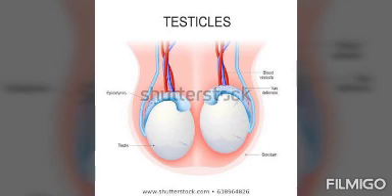Since viable sperms cannot be produced at normal body temperature, the scrotum is placed outside the abdominal cavity to provide a temperature 2 to 3 degrees centigrade lower than the normal internal body temperature. Thus, the scrotum acts as a thermoregulator for spermatogenesis.